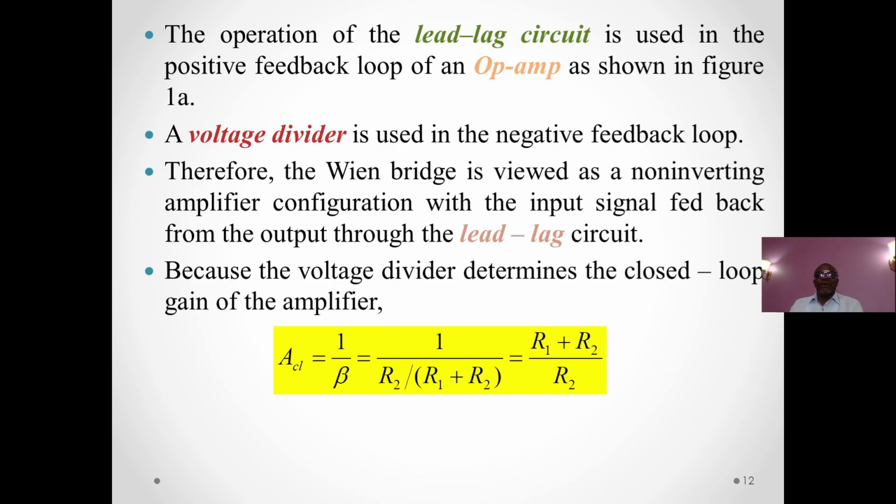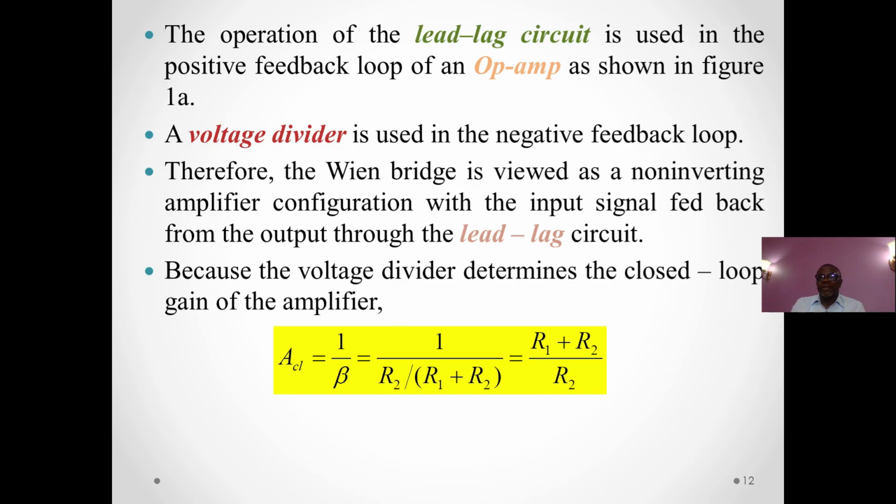Now, for this lead-lag circuit, there is a voltage divider which is used in the negative feedback loop. Remember, your operational amplifier has 2 inputs, one marked positive, the other marked negative. One is called the inverting, and the other is called the non-inverting.